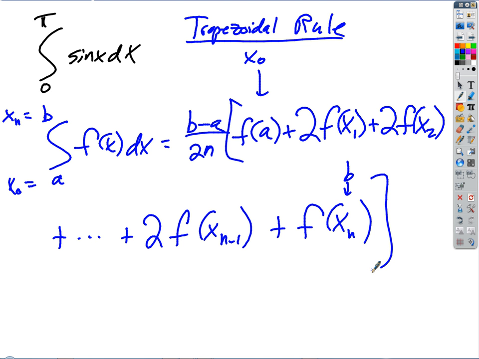That's the trapezoidal rule. It's not that complicated. The width of the intervals, b minus a over 2n, times the sum of all those heights, and we have to double count all the interior ones. The extreme ones, the first and the last, don't get double counted. One way to describe this is as the interior sum. All the terms that aren't first or last get that coefficient of 2.